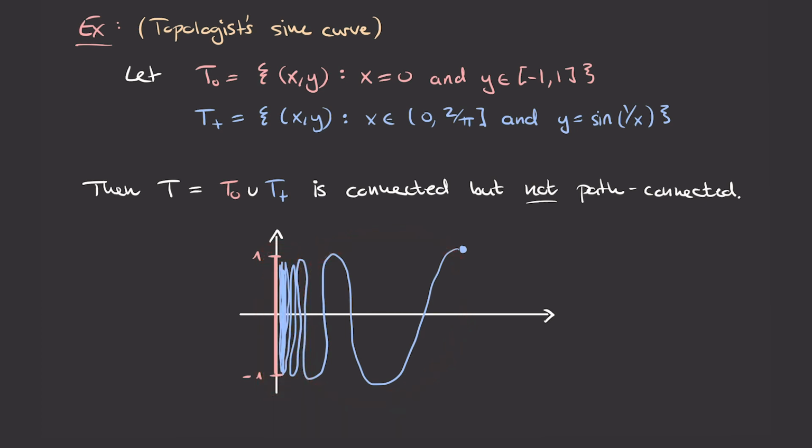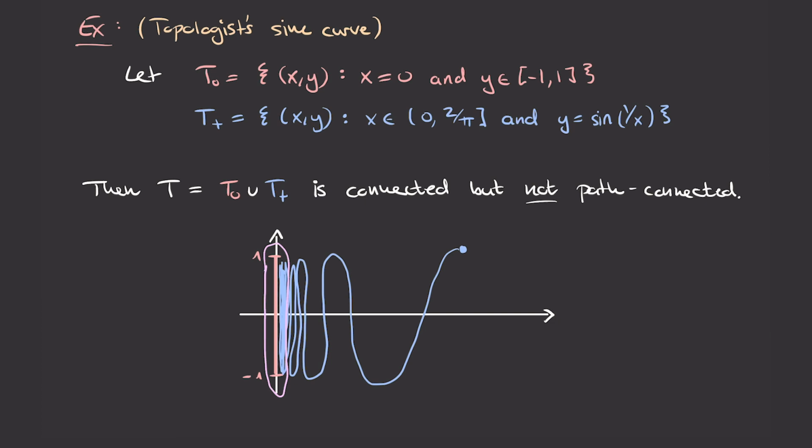So in particular, if I try to find two sets which disconnect the space T, T0 will have to lie completely within one of them.